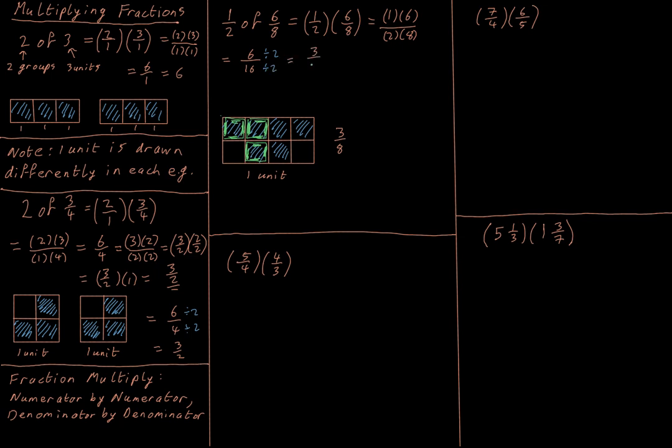So I end up with 3 out of 8. You could also take out your common factor of 2 as we did down here. So I end up with 3/8 as expected.